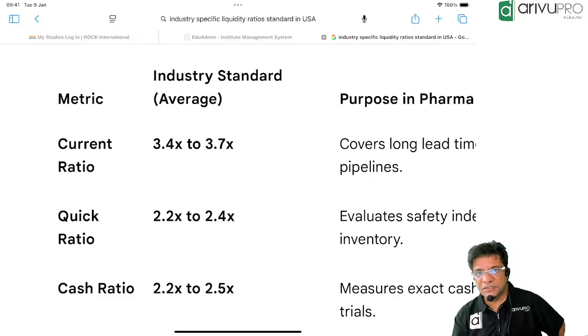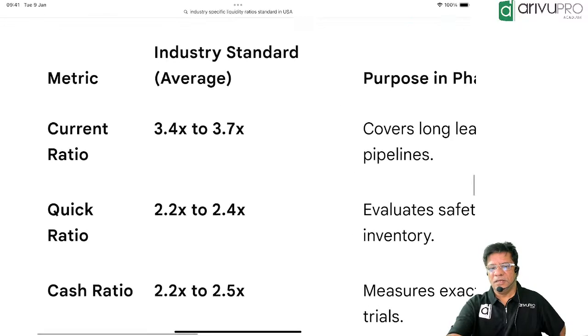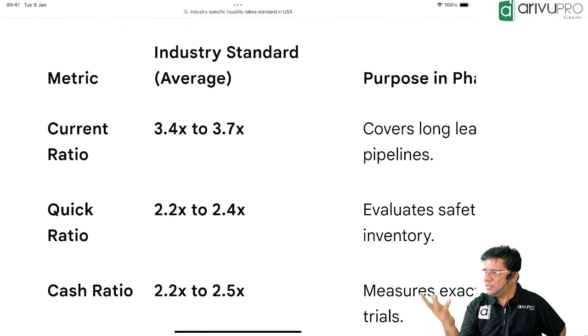If your company is technology, you come under the technology industry. So each industry has a different current ratio, different liquidity ratio, different cash ratio. That is why I am using the word industry average.